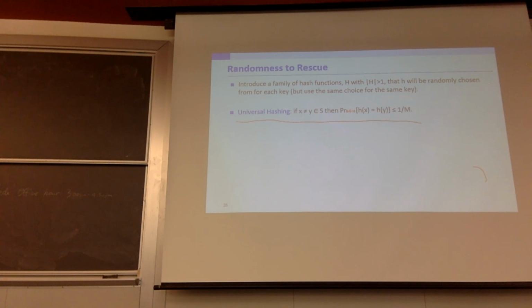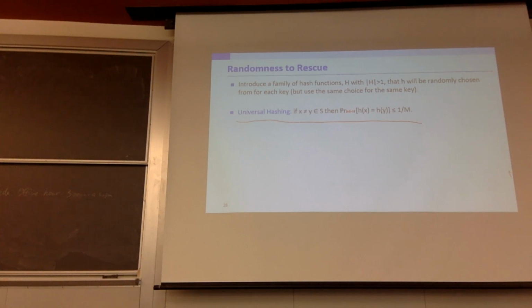This is called universal hashing. Universal hashing specifies that if your family of hash functions satisfies this probability for every pair of different elements in S, that the probability of choosing a hash function such that the hash values of these two different elements are the same is smaller than or equal to 1 over m.